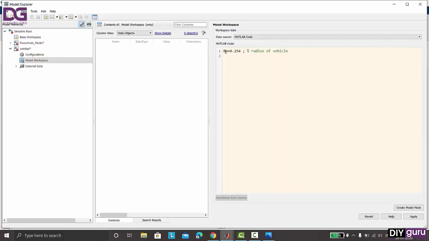Second, the gross vehicle mass, that is 330 kgs. Gross vehicle weight, which is a product of gross vehicle mass into 9.81 meters per second square.